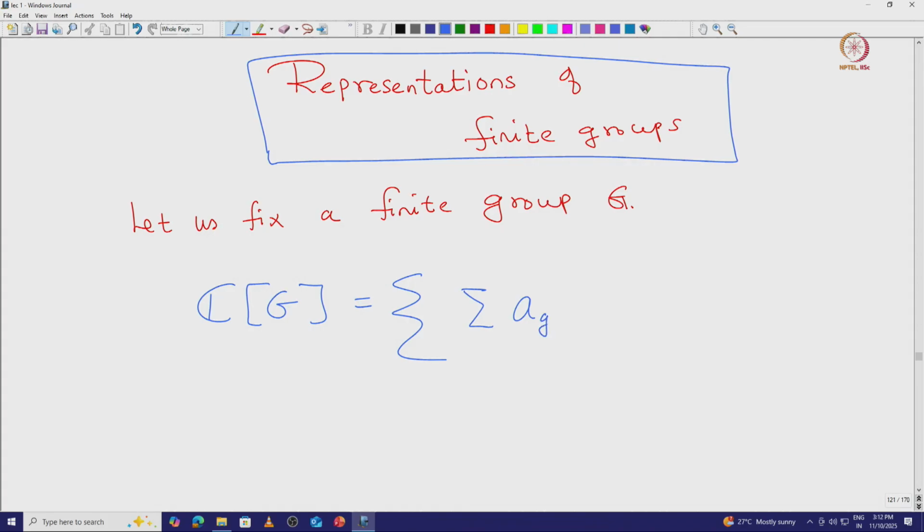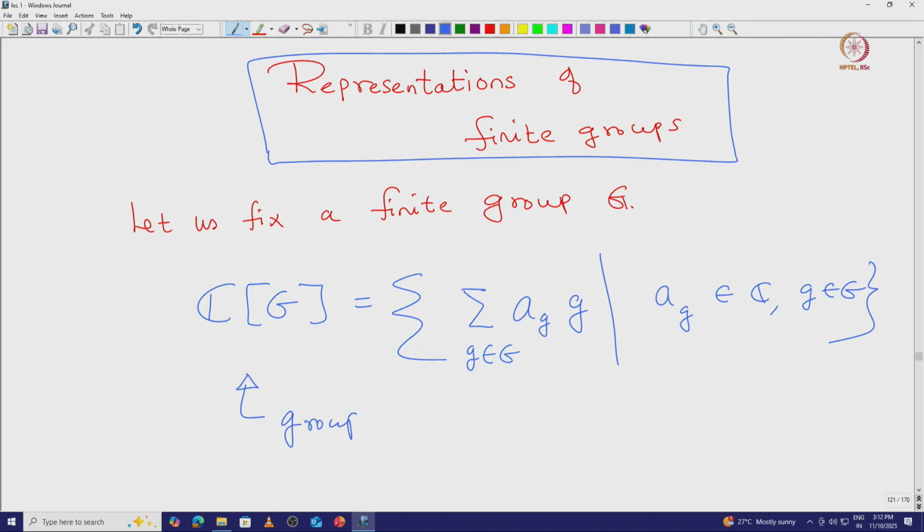Let us denote the elements of G by g only and identify those elements inside CG, and continue to use a small g for elements of capital G. So, the finite linear combinations sum of a_g g, g in G, where a_g are complex numbers for all g in G. This is our group algebra, the space that we are interested in.